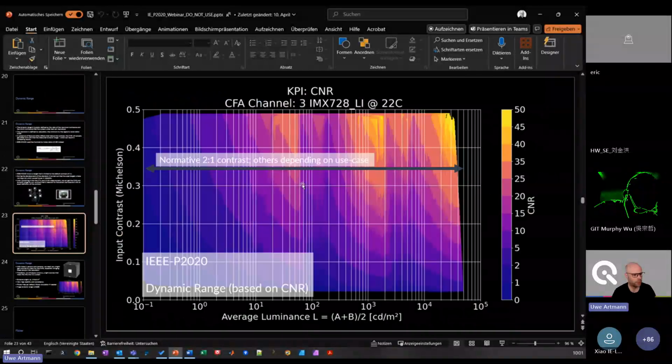That's why we measured different contrasts here. You see this contrast of 2:1 equals the Michelson contrast of 0.33. This is where the arrow is. That is now the normative point where you have to measure.